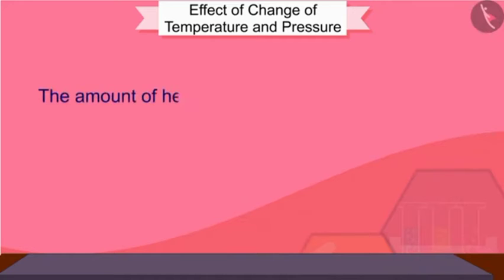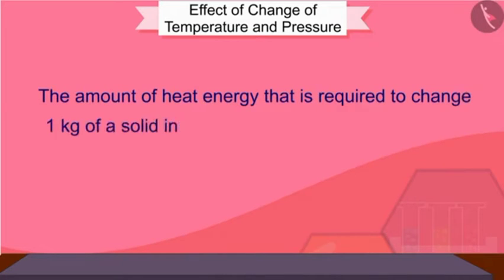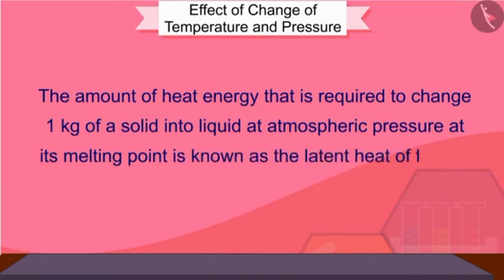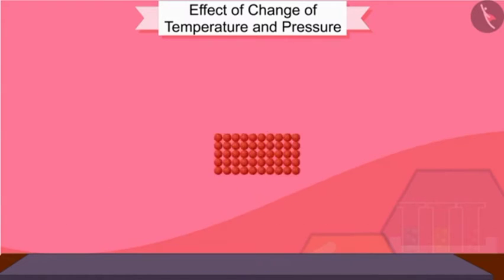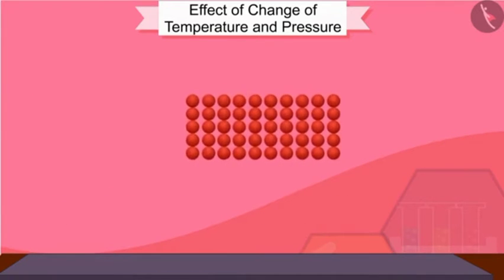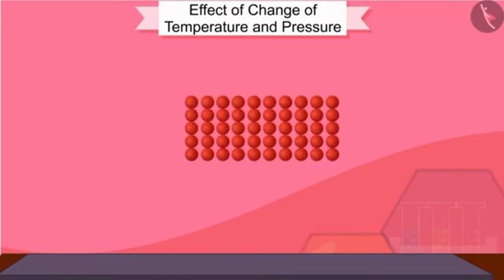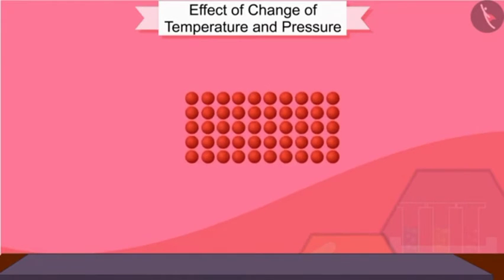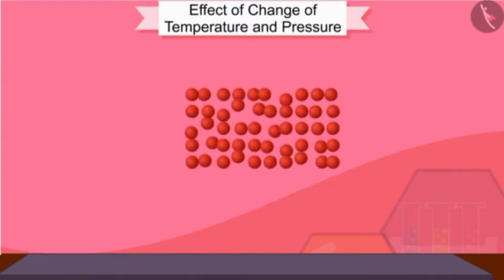The amount of heat energy that is required to change 1 kg of a solid into liquid at atmospheric pressure at its melting point is known as the latent heat of fusion. So, particles in water at 0 degrees Celsius or 273 Kelvin have more energy as compared to particles in ice at the same temperature.